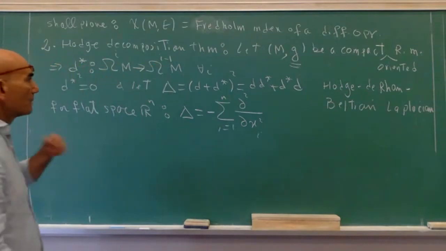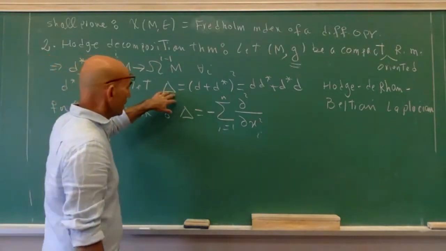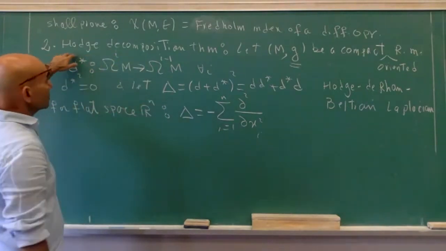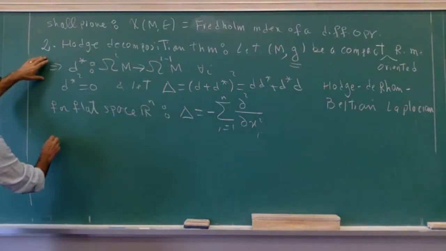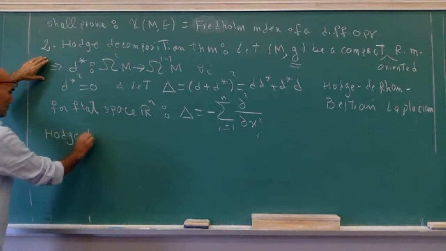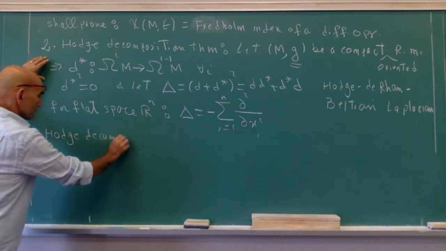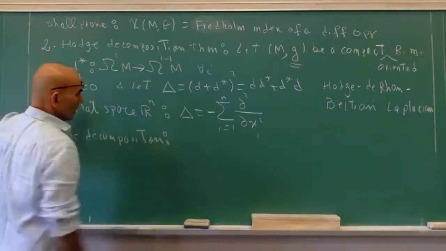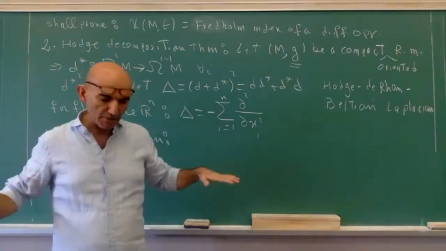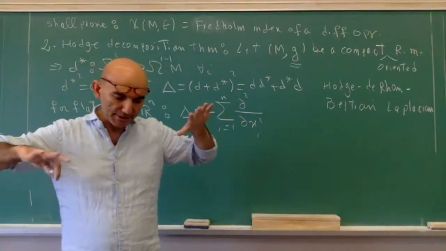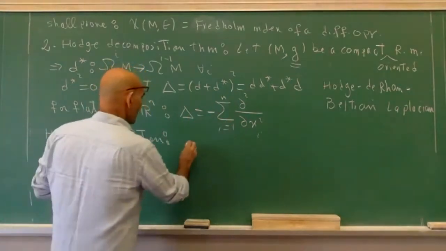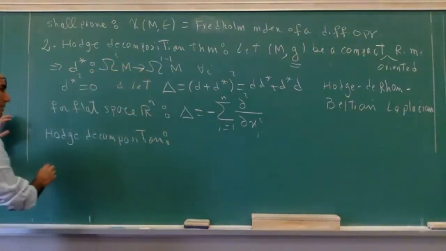Anyhow, so we have this Laplacian. Then the Hodge decomposition says the following: you can decompose the whole space of p-forms as an orthogonal direct sum of three pieces.